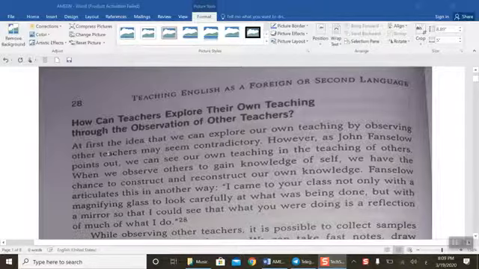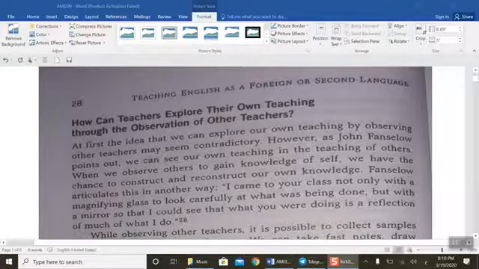At first, the idea that we can explore our own teaching by observing other teachers may seem contradictory. However, as John Fanslow points out, we can see our own teaching in the teaching of others. We can see ourselves in others, to put it this way.